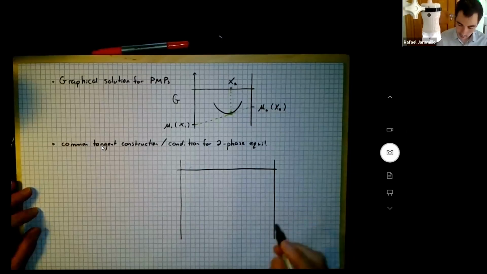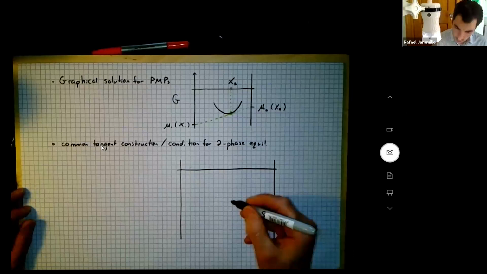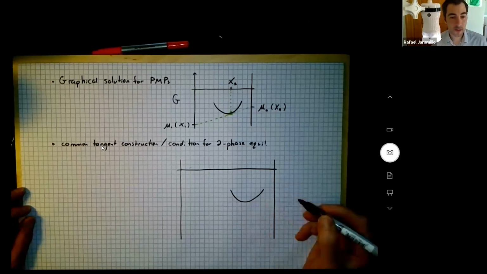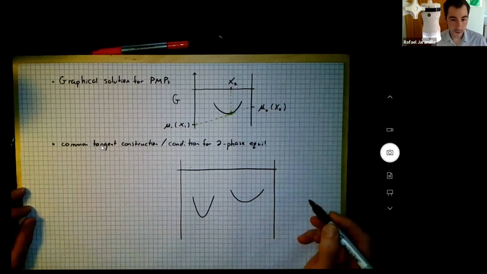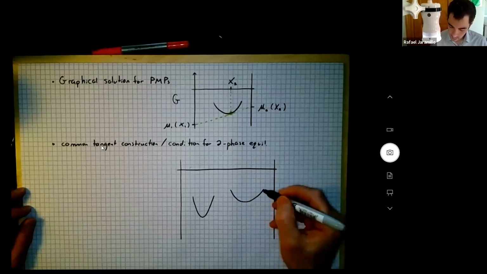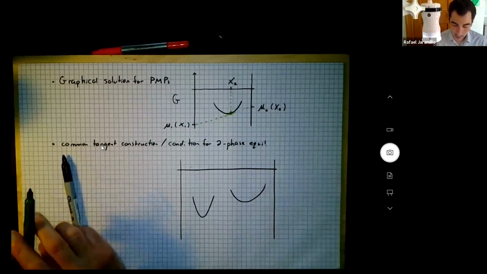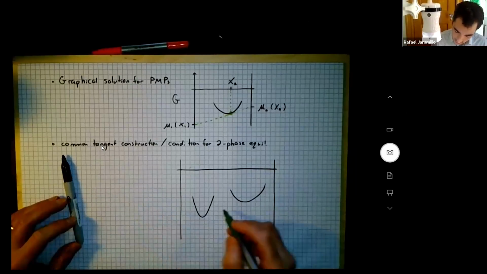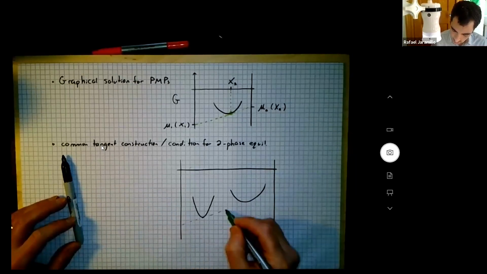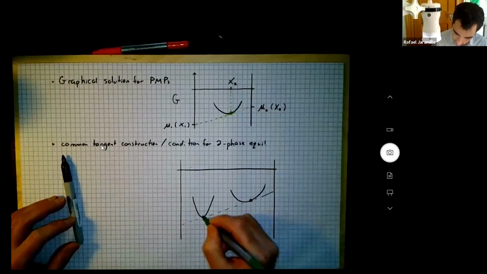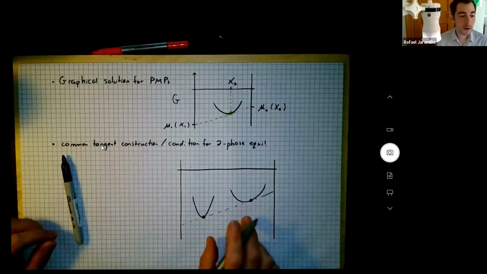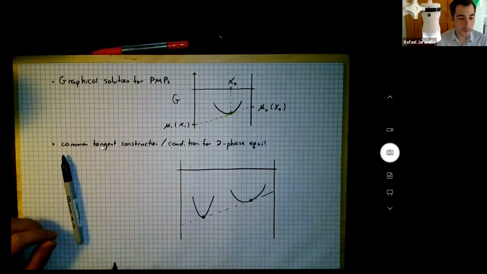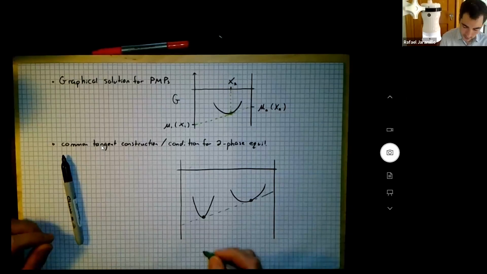Well, let's draw one phase. There's part of a solution model for one phase. Let's draw another phase. There's part of a solution model for another phase. And now I'm going to look for a common tangent. Let's say that I drew that accurately, and we have a tangent which is common to both curves. This is phase 1.